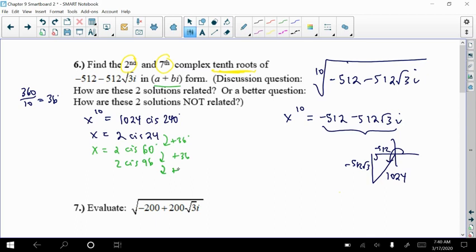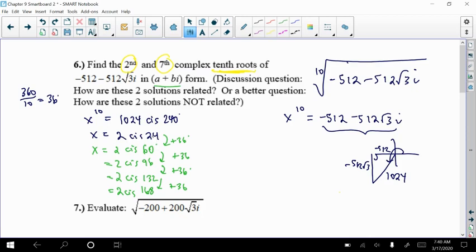Add 36 more. And I don't necessarily have to write all these out, but I will just to illustrate this. So that's 132. If I add 36 more, now I'm at 168. And notice the 2 in 2 cis is still the same distance from the origin.